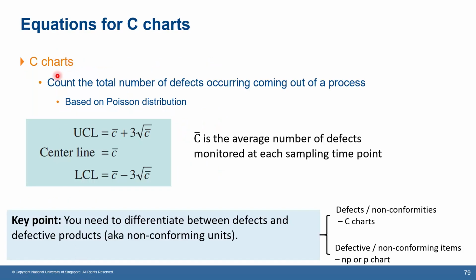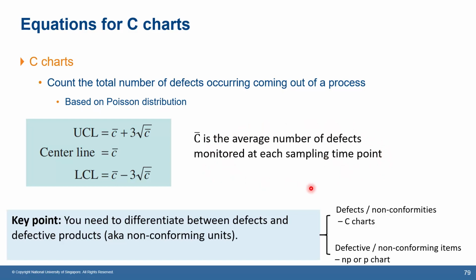We come to the last control chart that we are covering for this course, and that is the C chart. C simply means to count the number of defects that come out of a process. And these are the equations that govern the C charts. So the C chart is based on the Poisson distribution, where C bar is the average number of defects that's monitored at each time point.